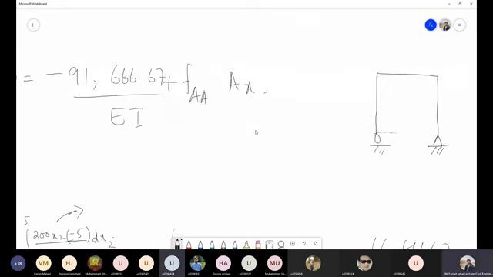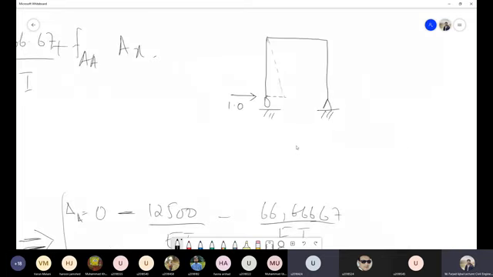Sir, wherever the deflection is, if we apply a unit load there and find the deflection, it will be something like this. This is the unit load. So we apply the unit load and apply the virtual work method to find out this deflection, that will be FAA, right? Yes, sir.